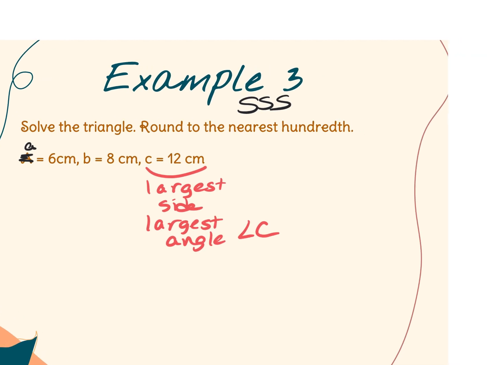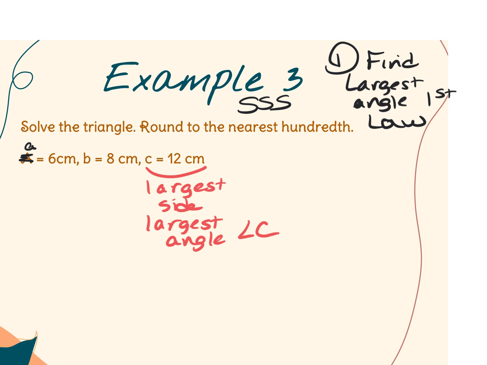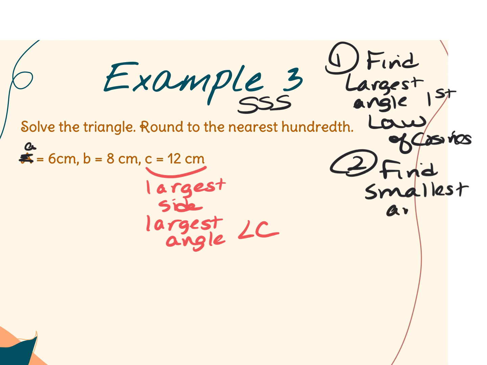So again, remember your steps. You're going to find the largest angle first using law of cosines. Then step 2, we're going to find the smallest angle next using law of sines.